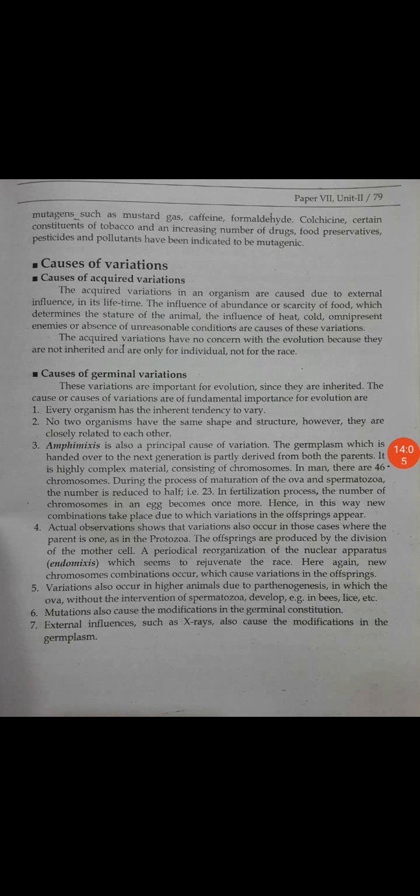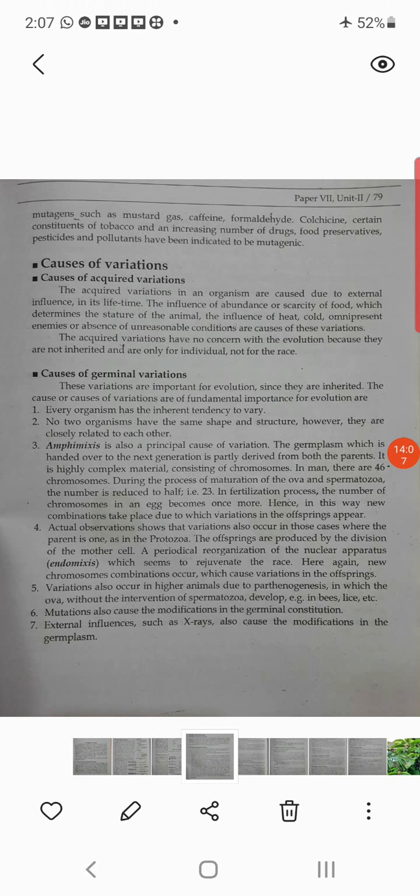So these variations occur due to external factors. Naturally, if there is no food, we change our food habits. We avoid that food, we try new food. So this is how variations occur.